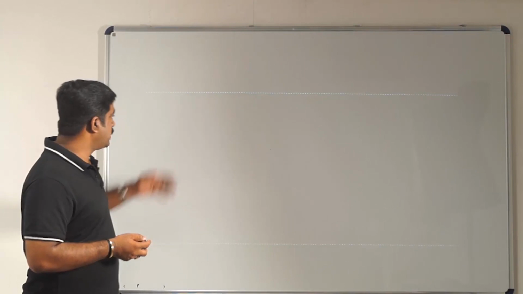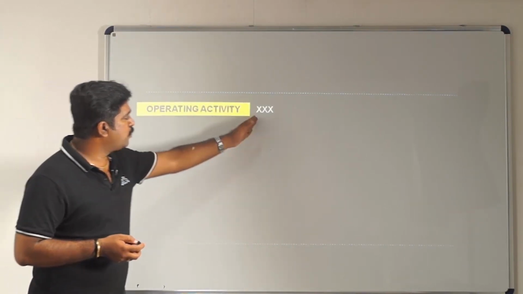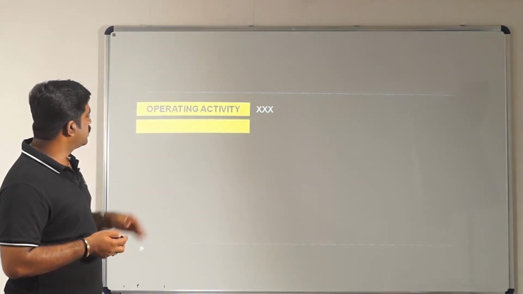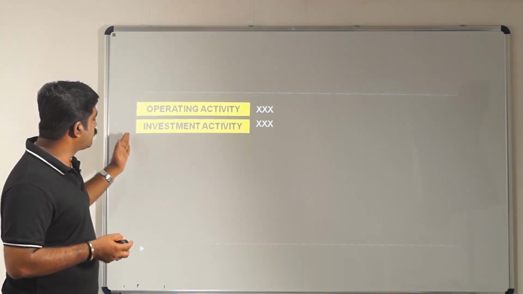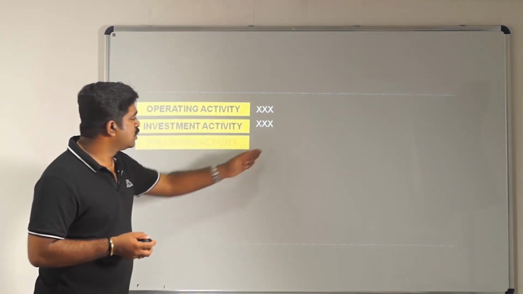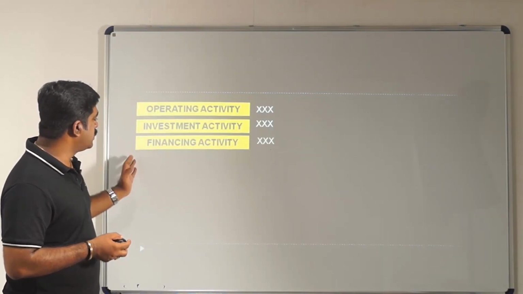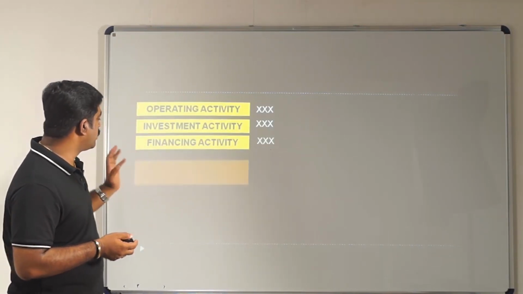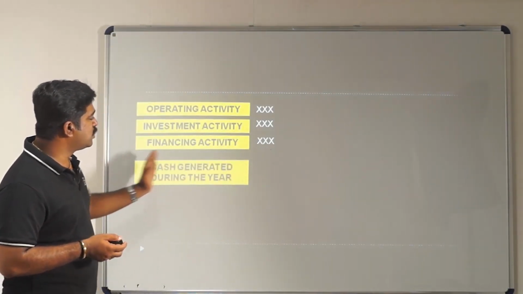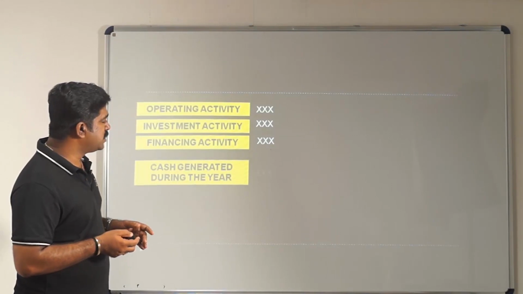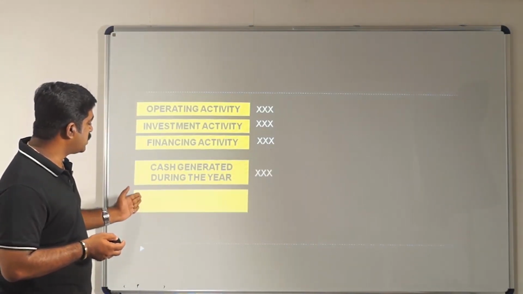So let me summarize. In the cash flow statement, we'll have cash flows from operating activities, then cash flows from investment activities, then we'll have cash flows from financing activities. So all the 3 activities, if they are put together, let me put them here, it is called cash generated during the year. Now with this cash generated during the year, we'll add the opening cash and cash equivalents.